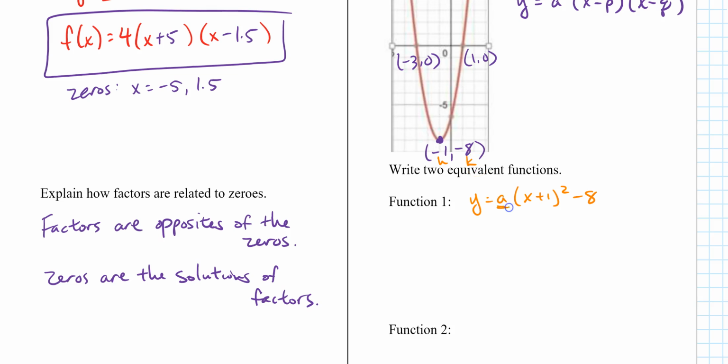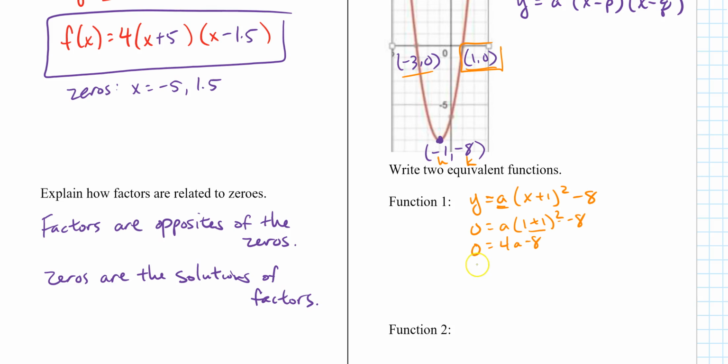And I need to find the a value. Well, we know that to find a, we just plug in some other point that we know. And I have 2 other points on the graph. So I'm going to use this one, the right zero. So 0 is equal to a times (1 plus 1) squared minus 8. 1 plus 1 is 2. 2 squared is 4, so I have 4a minus 8.